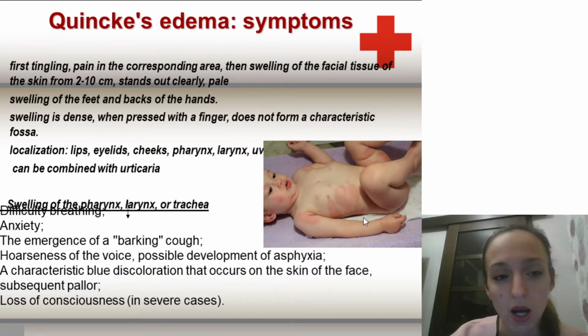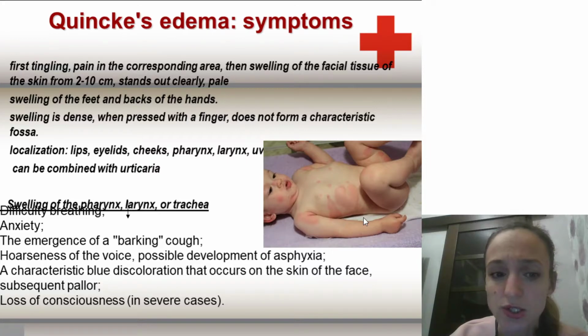Symptoms: first, tingling and pain in the corresponding area. Then swelling of the facial tissue of the skin, from 2 to 10 centimeters, which stands out clearly pale. Swelling of the feet and backs of the hands. The swelling is dense, and when pressed with a finger does not form a characteristic fossa.